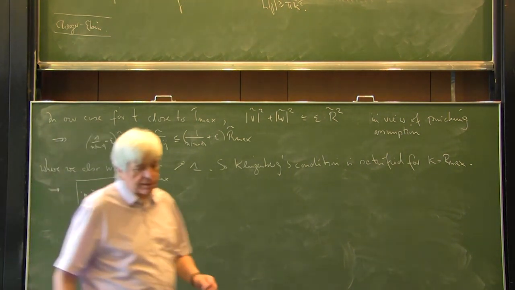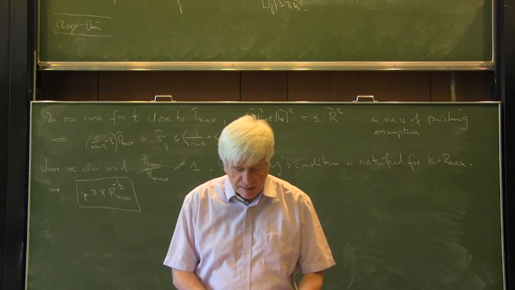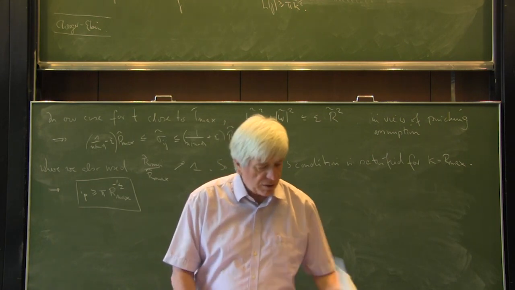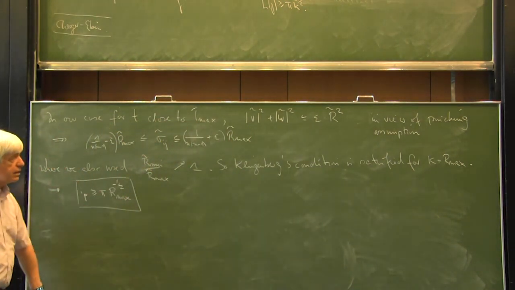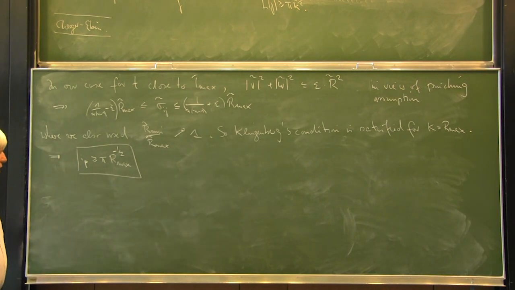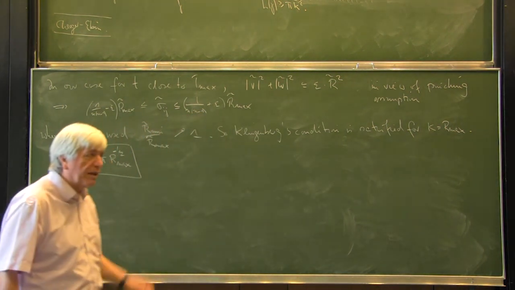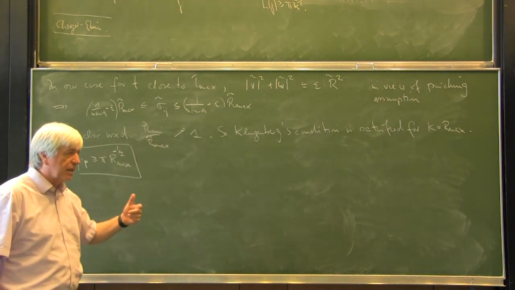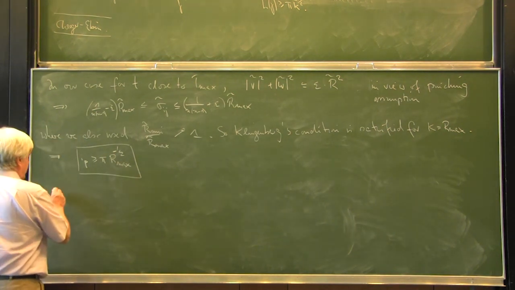And this now allows us to argue with what we know in the normal coordinate system. Now, Klingenberg was assuming the manifold is simply connected. So we have to apply Klingenberg's result in the universal cover of our manifold.